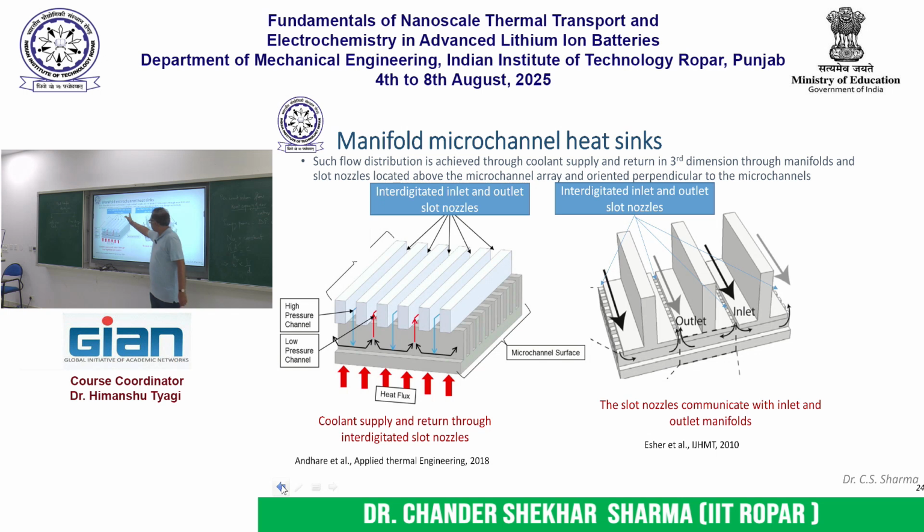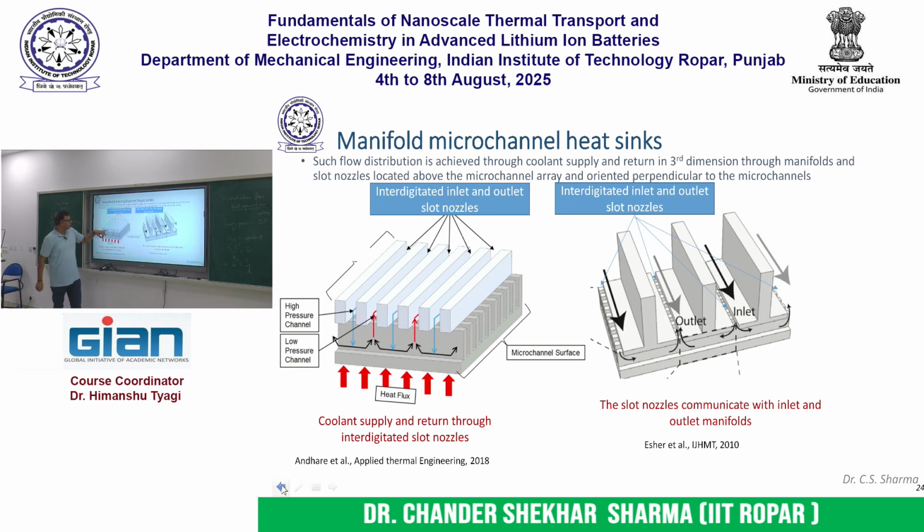So what these ducts are doing is distributing the liquid in the microchannels. If you see here, the liquid is coming in, and then it is distributing towards both sides, dividing into two streams. It is flowing a small distance and then coming out.